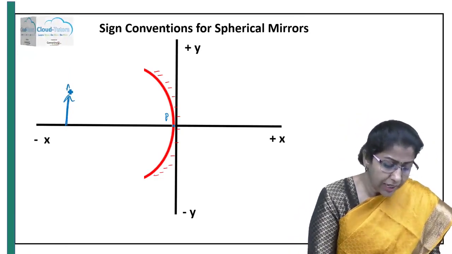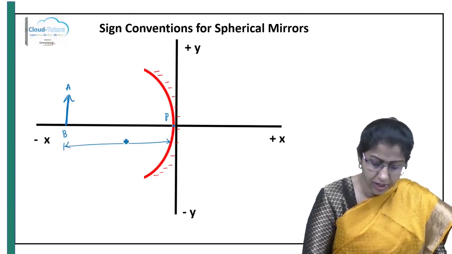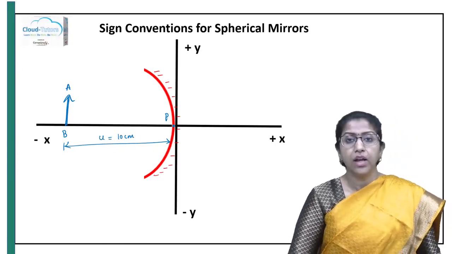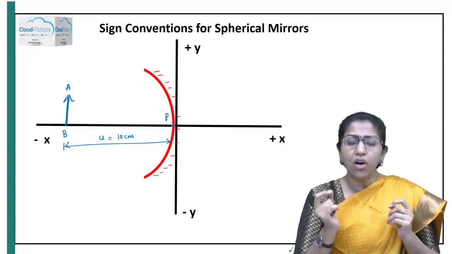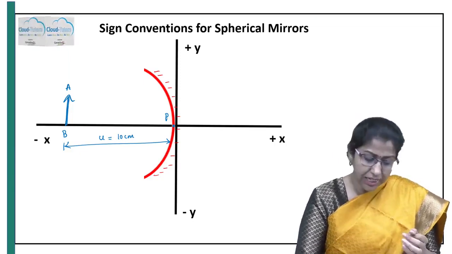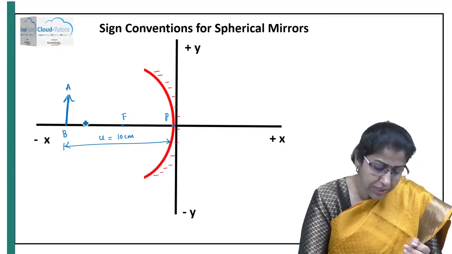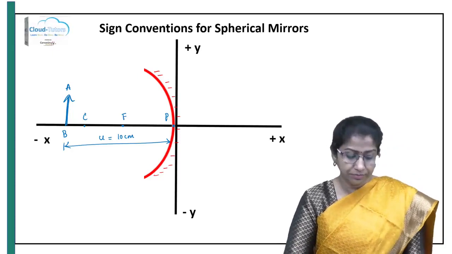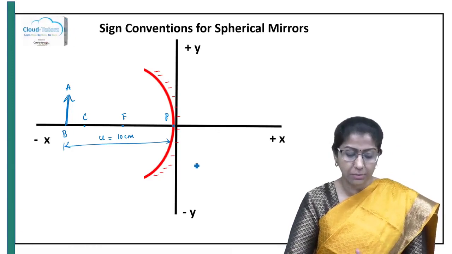You see that AB is an object and it is at a certain distance, say 10 centimeters, denoted by U. Be it object distance, image distance, or focal length, everything has to start from the pole. Let's mark the focus and the center of curvature for this mirror, again just a rough estimate.